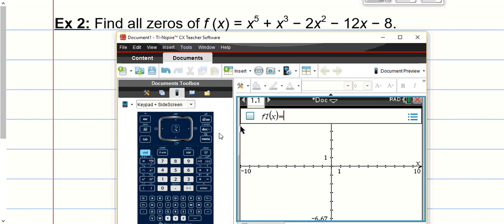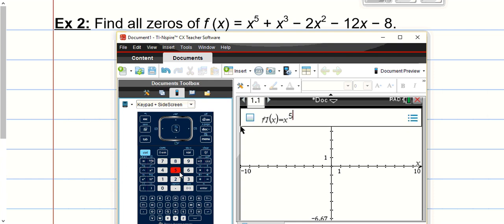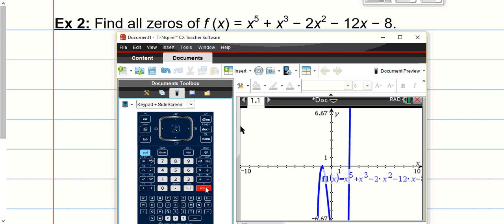And now let's plug in that equation, x to the 5th plus x cubed minus, be sure you use the minus and not the negative. We've had some confusion on that. Minus 2x squared minus 12x minus 8. And we'll press enter and get that graphed.